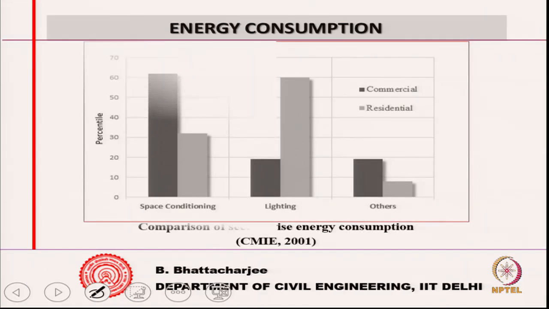And if you look at the other feature, that is energy consumption, you will see that in the buildings themselves, commercial buildings, space conditioning is very high, while in case of residential, space conditioning is relatively low. But lighting, you see that for residential, lighting is relatively high and space conditioning is very less.